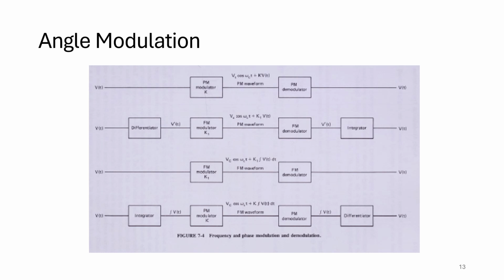So with PM modulator and demodulator, by proper positioning of differentiator and integrator circuit, we can create an FM waveform. Okay, so this is frequency and phase modulation and demodulation.